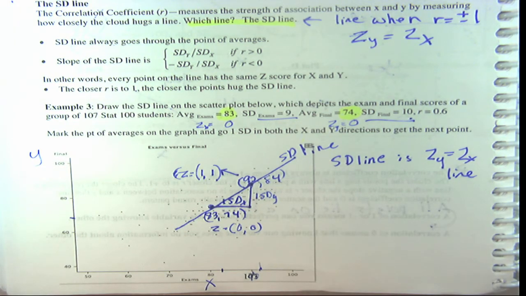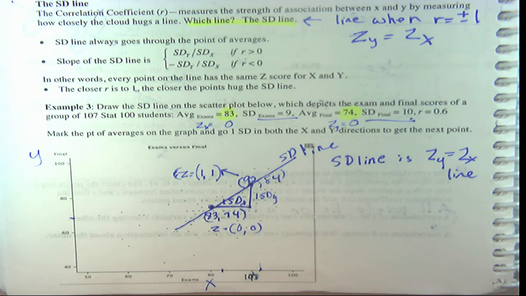When you have a perfect correlation, what it means is that your x and y points match up completely in standard units. That's the way you should think about it. R is unit free.